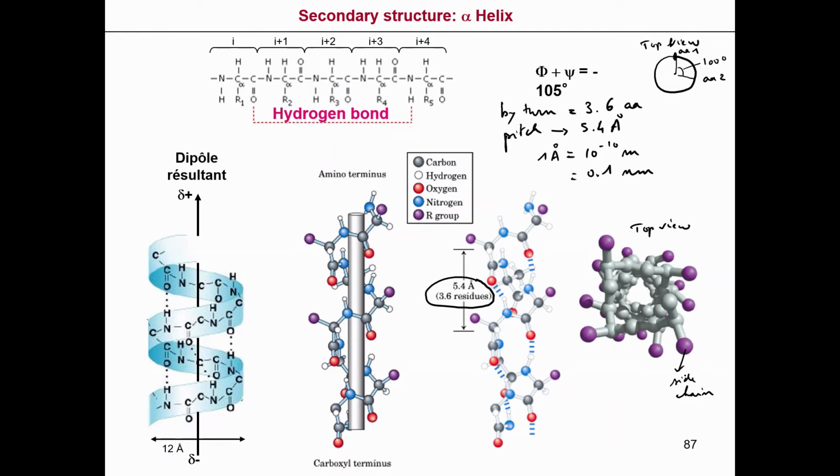Usually, the screw sense of a helix is right hand. So the most frequent alpha helix is right hand, and so it's clockwise if you want. But you sometimes have left hand helices.